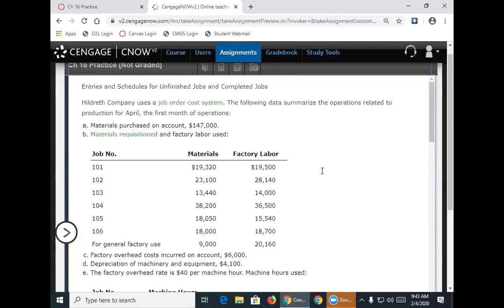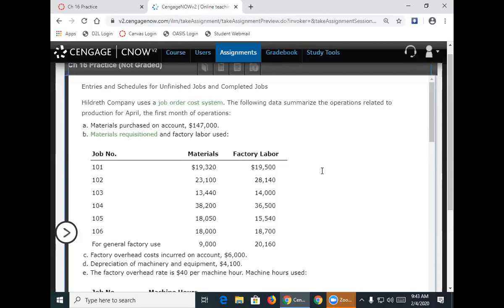130,110 went into work in process, 9,000 was indirect. So I'm going to show those separately over here too, just so it's easier to keep track of. Again, they're going to put them all together. So we had materials used, the total materials put into process was 139,110. 130,110 was direct materials charged to work in process, and 9,000 was indirect materials charged to the actual factory overhead.